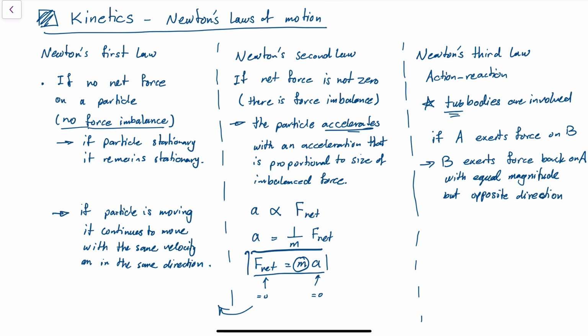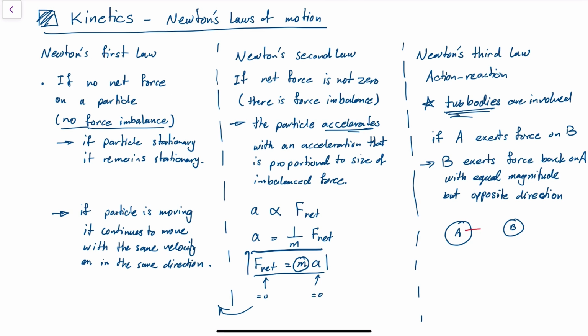So again, I want to emphasize, there are two bodies involved in this law. If this is A, if this is B, they don't have to be in contact in any way. It could be any form of force, including contact force or electromagnetic force or gravity.